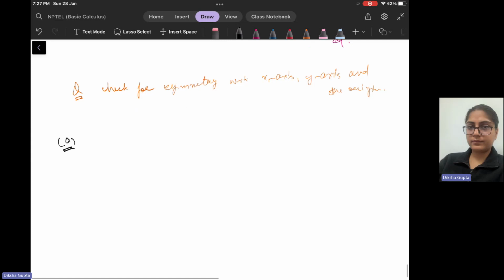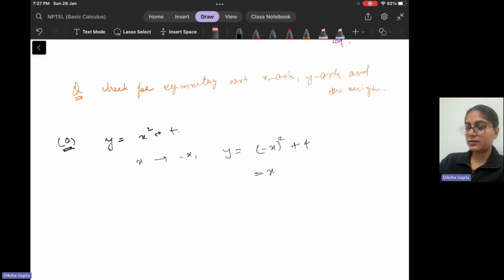A part: y equals x square plus 4. Clearly, replacing x by minus x, y equals minus x square plus 4, which is x square plus 4. So it is symmetric about the y-axis.